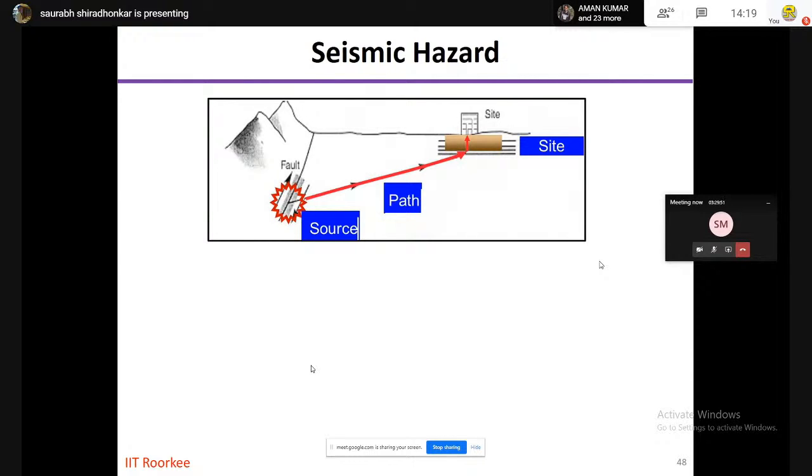It originates at the fault, and then the seismic waves travel from the fault across the bedrock towards the base of the structure, and then the nature of these seismic waves is further changed because of the soil, and when it comes to the building location, the building response that we get is also very uncertain because of the inelastic capacity. So seismic hazard specifically has three parameters. One is source parameter, second is path parameter, and the third is site parameter.